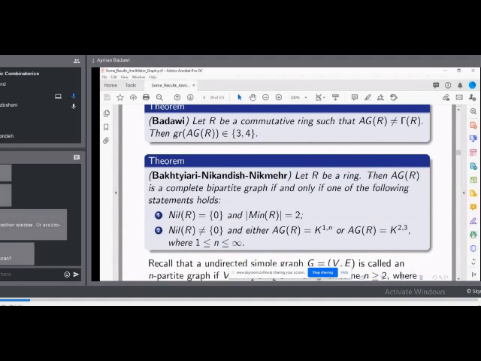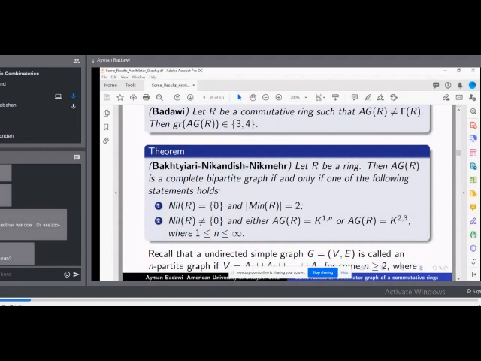Then the annihilator graph is complete bipartite if and only if one of the following holds. Nil of R equals 0, and the number of minimal prime ideals is 2. Or Nil of R is not equal to 0, and either the annihilator graph is K1,n or the annihilator graph is K2,3.